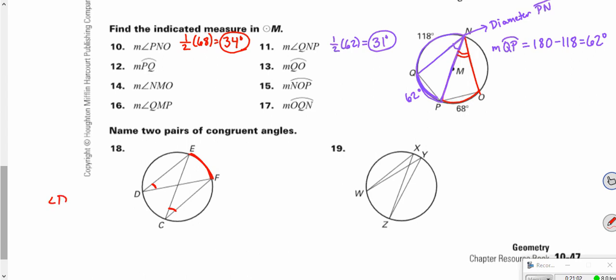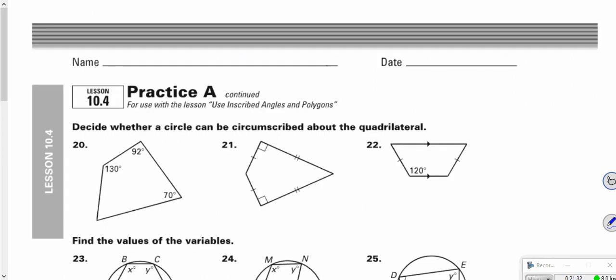So angle D is congruent to angle C. And if I look at it the other way, this angle has to be congruent to that angle, because they're inscribed angles intercepting the same arc. So angle E is congruent to angle F. All right, let's look at the backside.